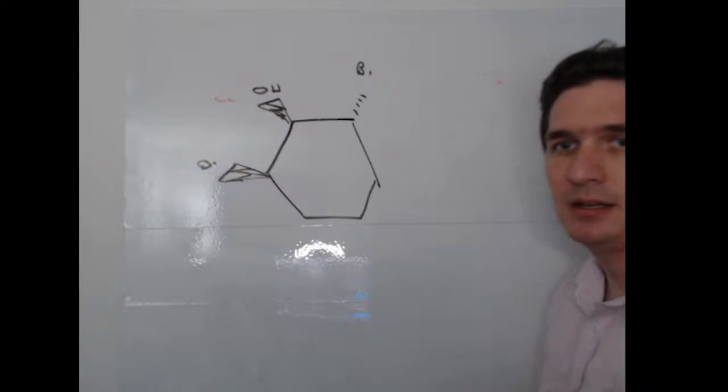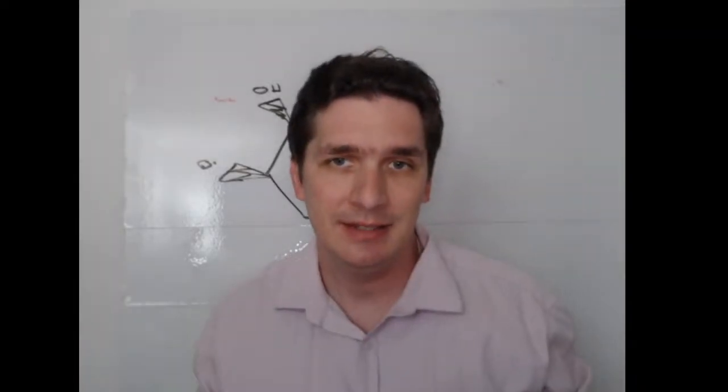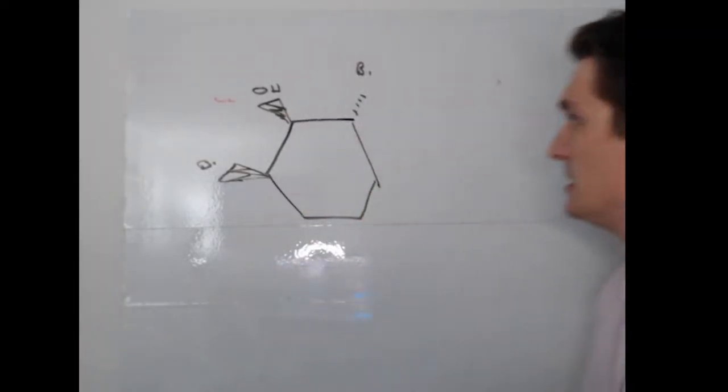So you have the 2,6-dibromocyclohexanol, and you hit it with hydroxide.